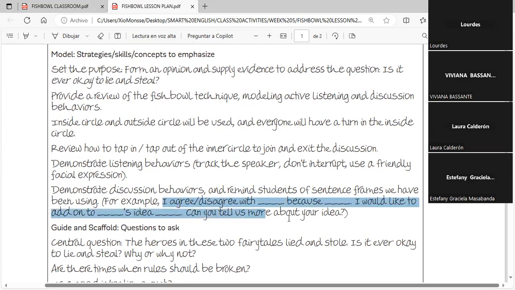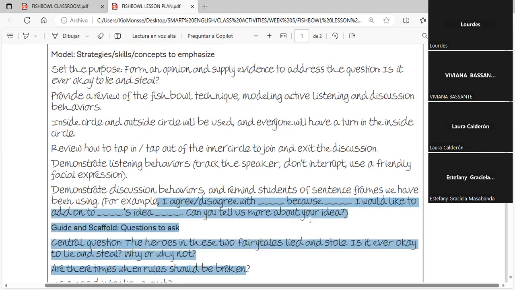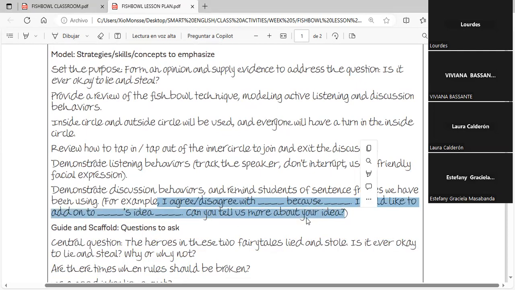In this part, you're not going to write exactly, right? But this is a model. You have to give the instruction to your students. What is the grammar that you have them practice? Agree or disagree.